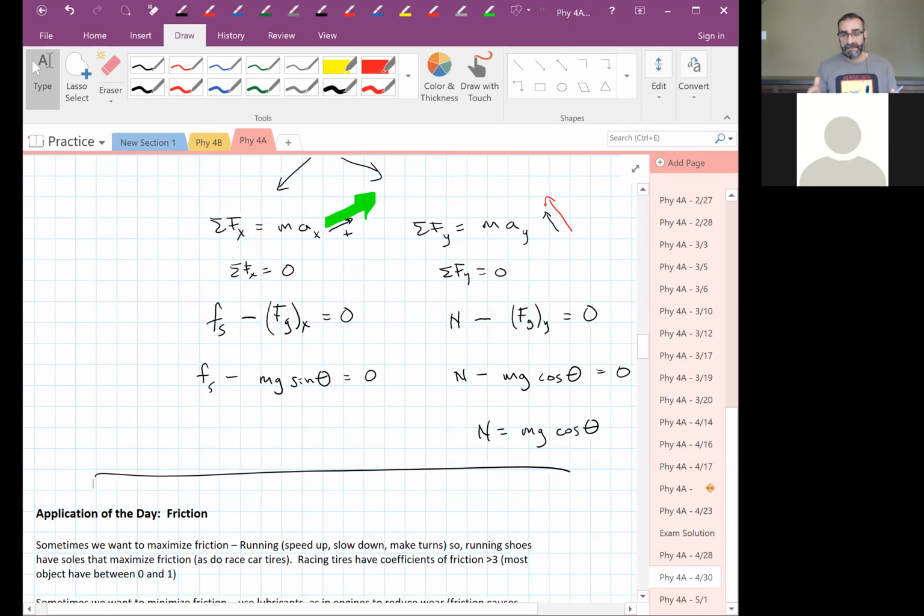If you're playing basketball, you turn quickly, you want maximum friction. Running shoes have soles that maximize friction, like race car tires do, right? Race car tires have coefficients of friction greater than 3. And for objects that we deal with in this class, it's always going to be between 0 and 1. So sometimes you want to maximize friction, good grip.